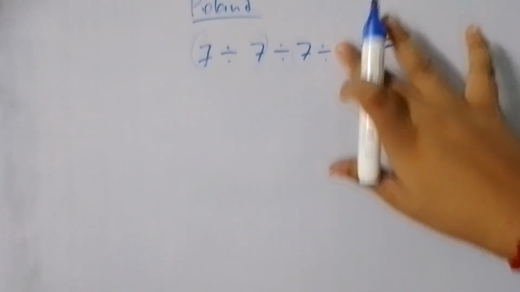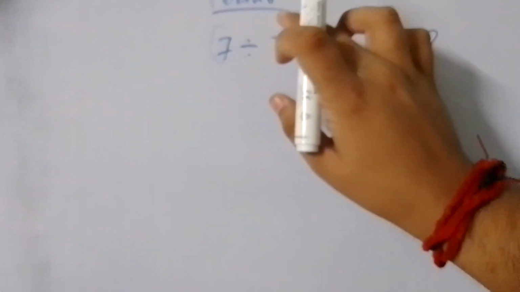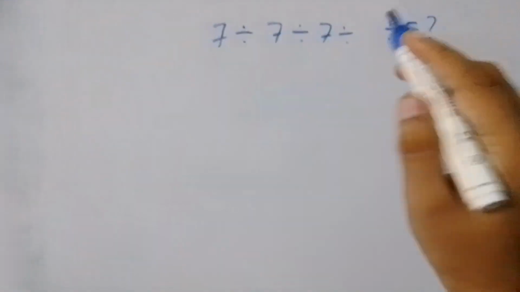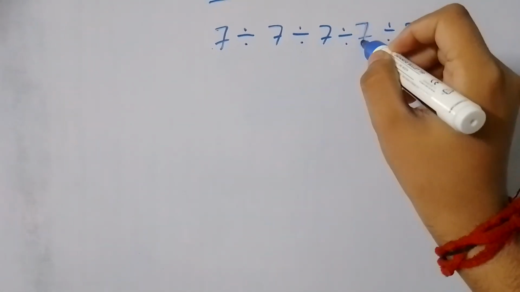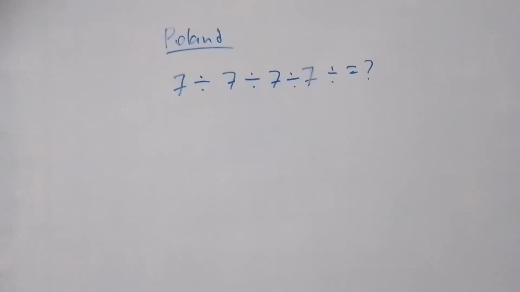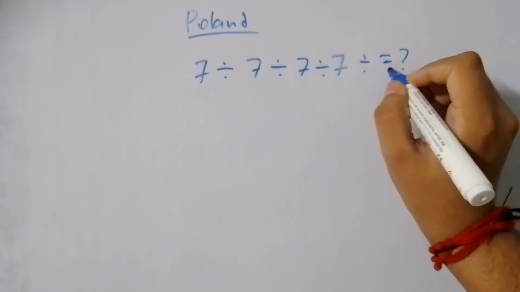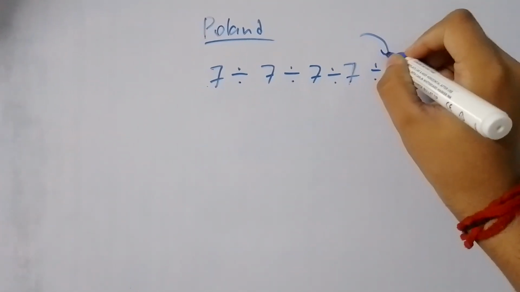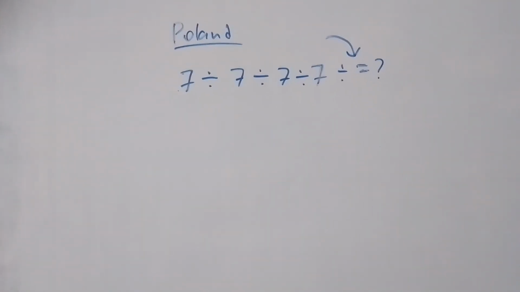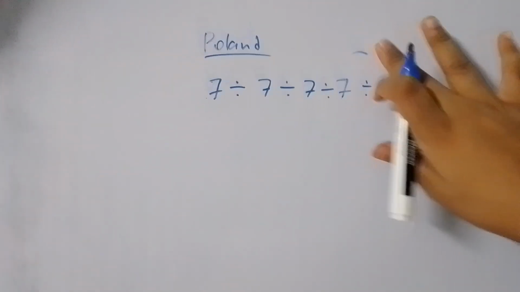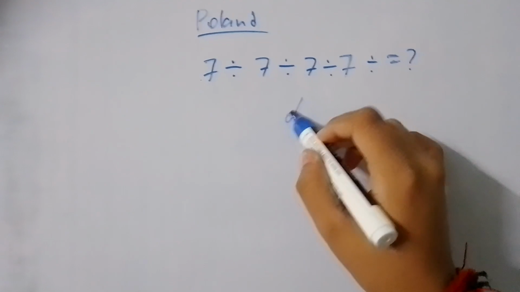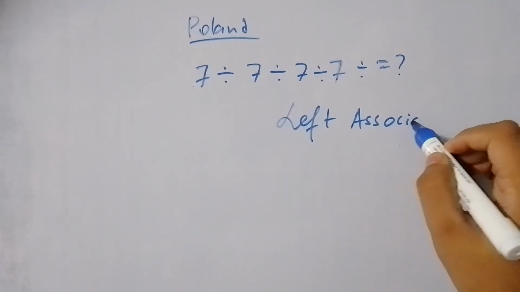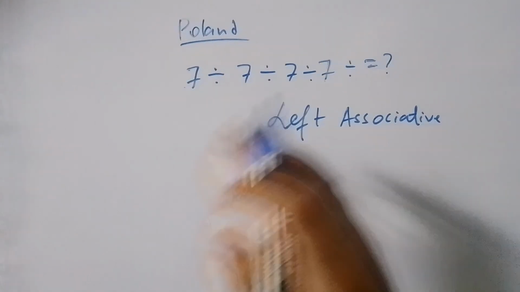Now let me show you the real rule behind this. So how to solve this question? Actually the logic is that the equals sign is on the right hand side. Since it's on the right hand side, we follow a rule called the left associative rule, the left associativity.